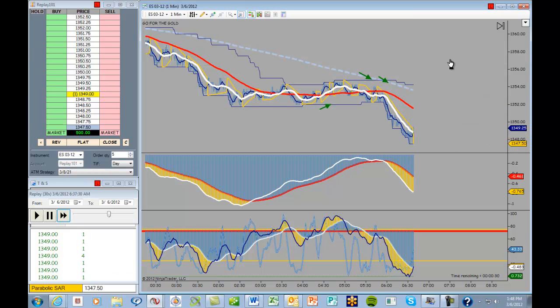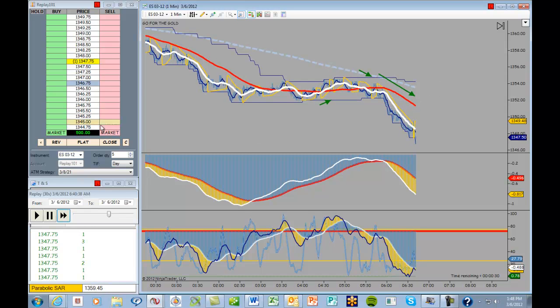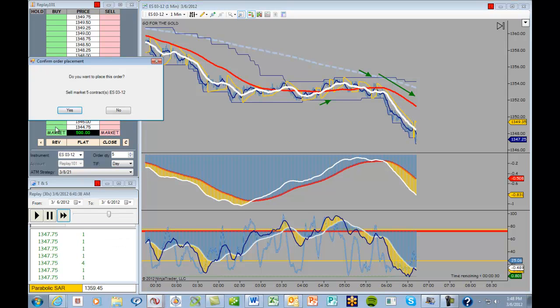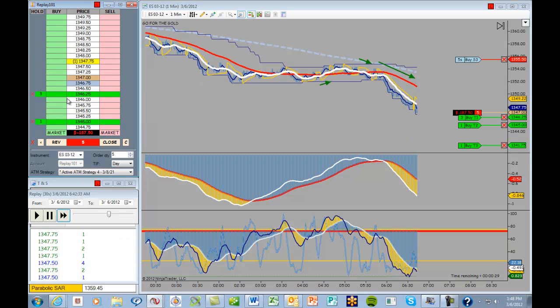Okay, stopped out. And we're going to get short again. We had one little spike up, and then we immediately sold off again.